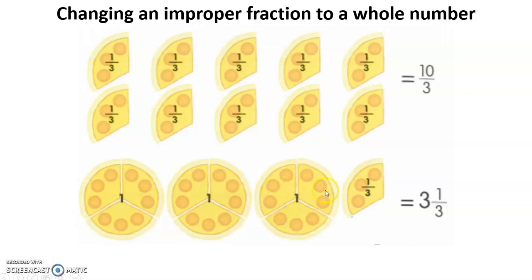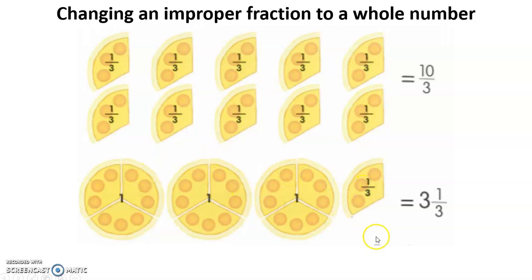I can then combine another 3 to make another 1. And then I have 1/3 on its own. So 10/3 is the same as 3 and 1/3 as a mixed number, because 10 divided by 3, the closest number to that would be 3, because 3 times 3 is 9, and then I've got 1 left over, 1/3 left over.